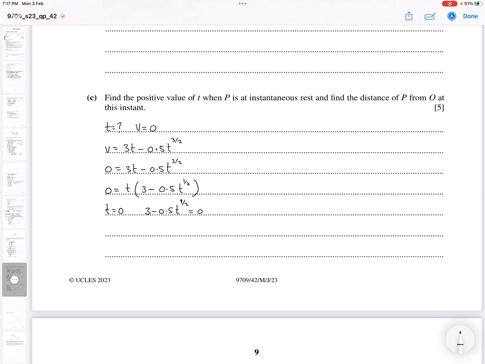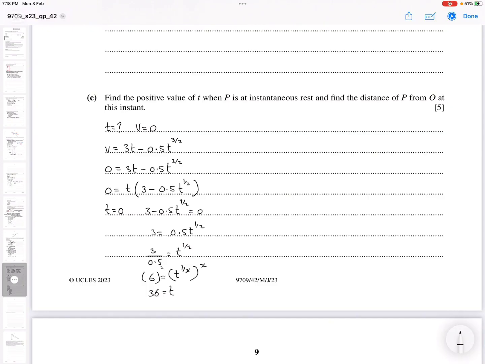So from here 3 is equal to 0.5 t power 1 by 2. So 3 divided by 0.5 is equal to t power 1 by 2, and this 6 is equal to t power 1 by 2. Now squaring both sides will give you 36, the square will cancel the 1 by 2, so your t is equal to 36.